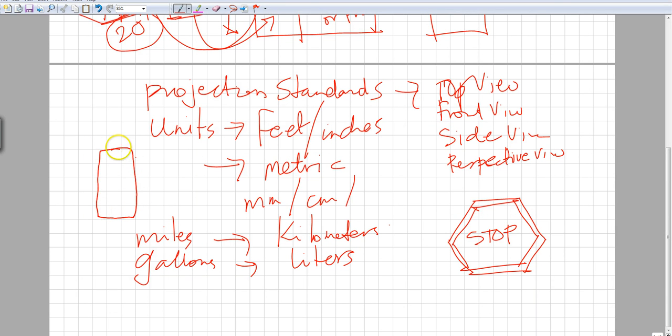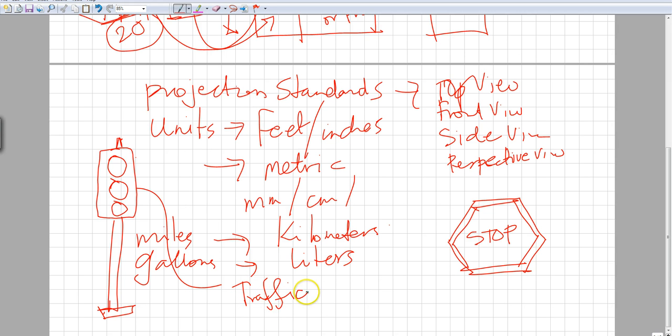If I draw this, you should know what this stands for. This is the traffic light, the traffic signal, right? Then what other signs do you see? If I draw something like this, then that means what?